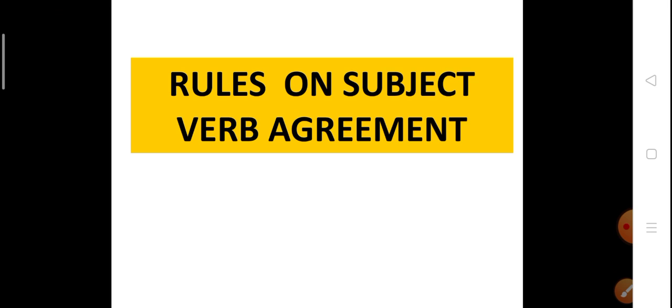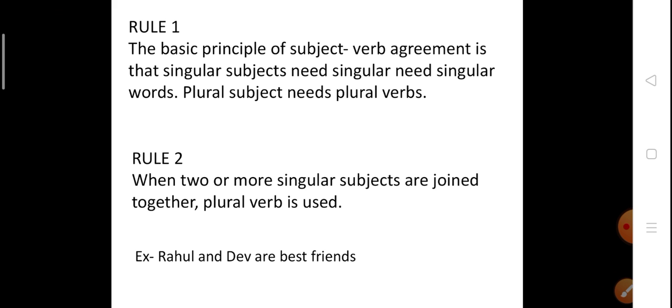Now there are certain rules for subject-verb agreement. So let us continue with that. Rule number 1, which we have just learned, is the basic principle of subject-verb agreement: a singular subject needs a singular verb, and a plural subject needs a plural verb.